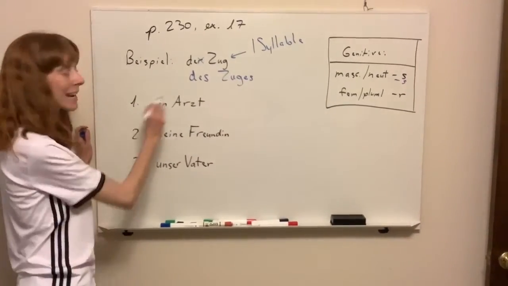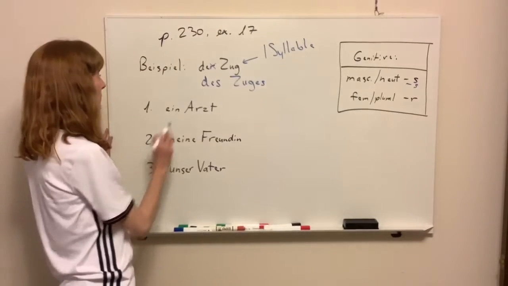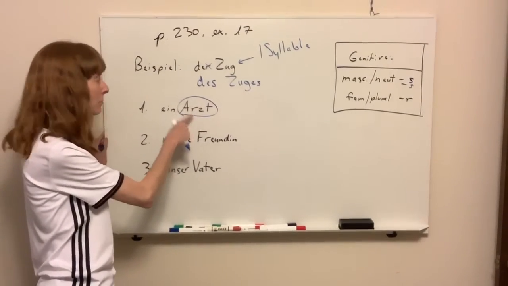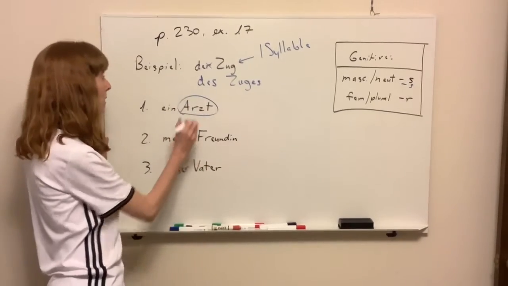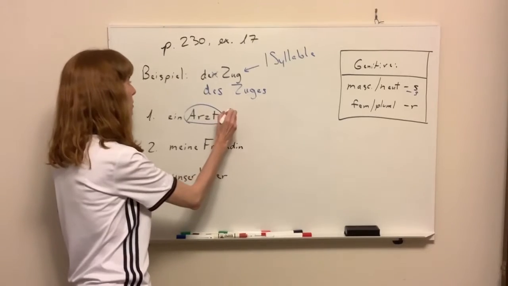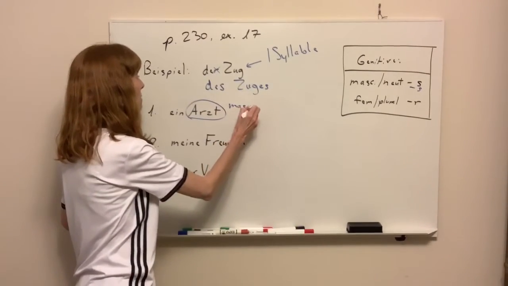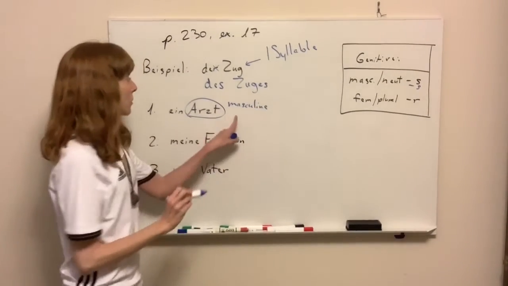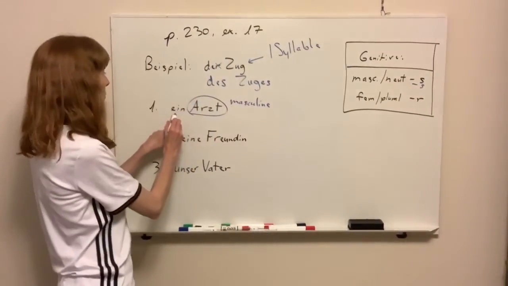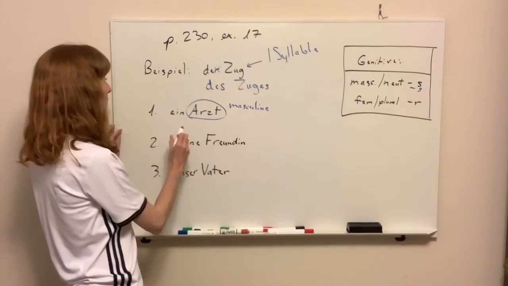Okay, number one, ein Arzt, a doctor. We need to first of all decide whether this is masculine, feminine, neuter, plural, or whatever. So ein Arzt, this is the masculine form of doctor. So in the back of my mind, I'm thinking masculine. So immediately I know it's got to be an S. So we will put an S here on ein.